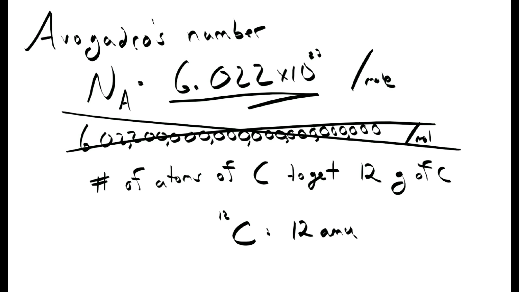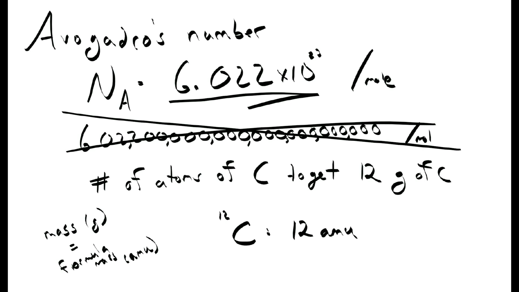When you have an Avogadro's number of something, when you have a mole of something, that means you're going to have mass in grams equal to the formula mass in atomic mass units. So that makes for a very, very easy conversion.